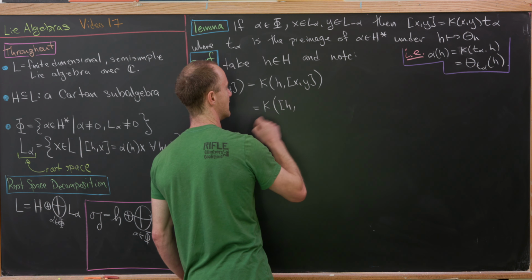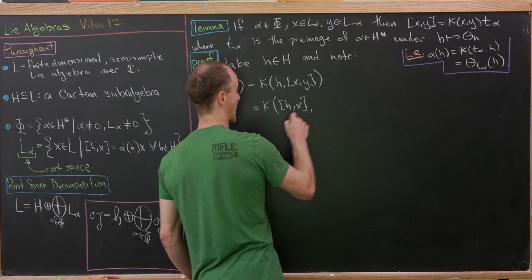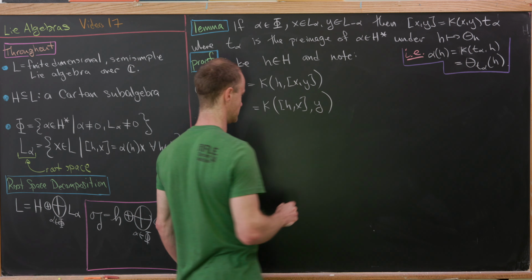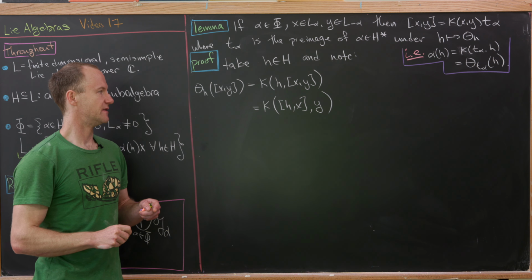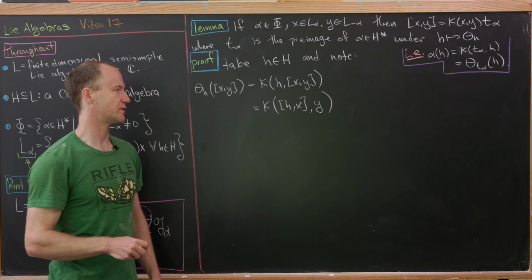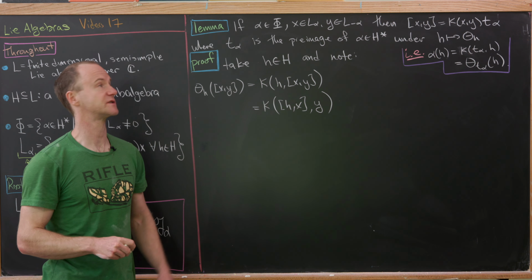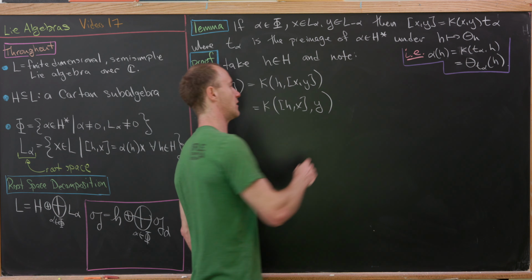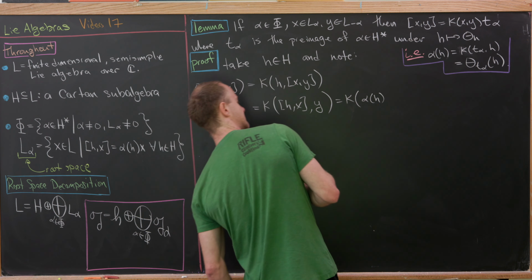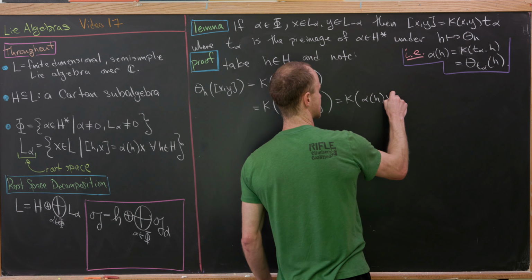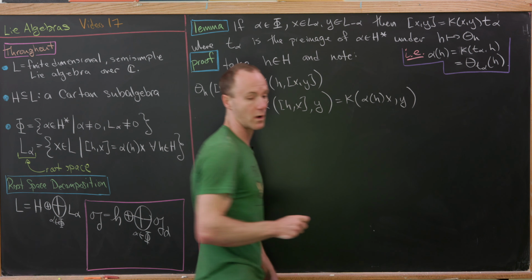That's going to be kappa of H bracketed with x and then y. But now we can use the fact that the bracket of H with x, we know how that works because x is in L alpha. So this is going to be the kappa of alpha of H times x with y.